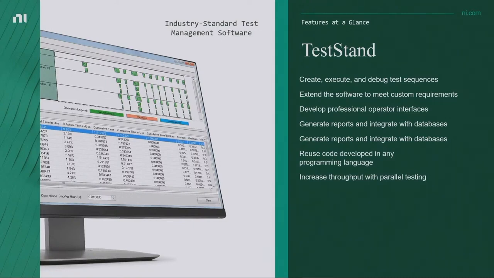Sequences also specify execution flow, reporting, database logging, and connectivity to other enterprise systems. Finally, you can deploy test systems to production with an easy-to-use operator interface, which can be developed in LabVIEW.